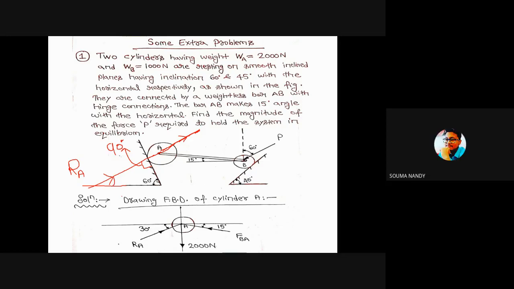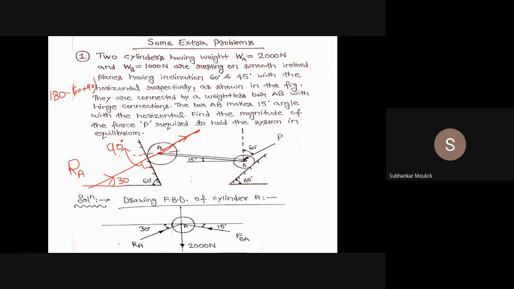So 30 degree. This angle will be 180 minus 60 plus 90, minus 60 plus 90, that is 30 degree. So this angle is 30 degree. If this angle is 30 degree and point A is the equilibrium point for cylinder A, then from point A I can draw this axis.